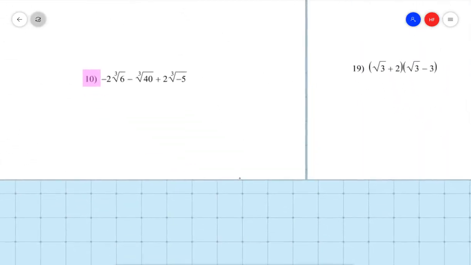Now on number 10, we see that we are using cube roots, not square roots anymore. But the process is still going to be the same. So we want to find the prime factors of each. So this is 2 and 3. There's a cube root. Let me zoom in.